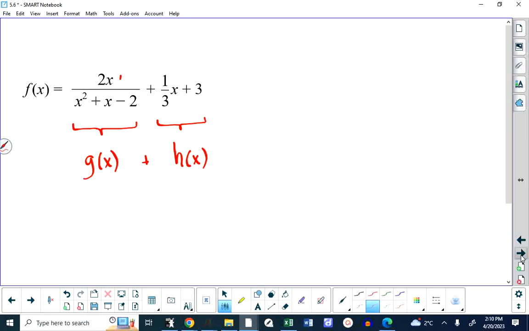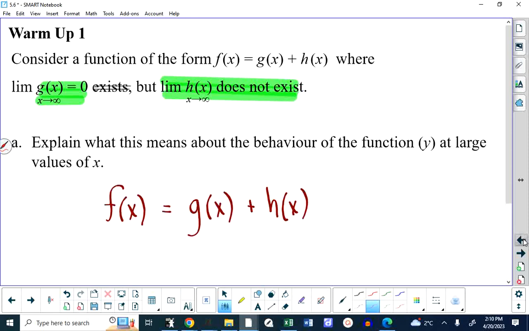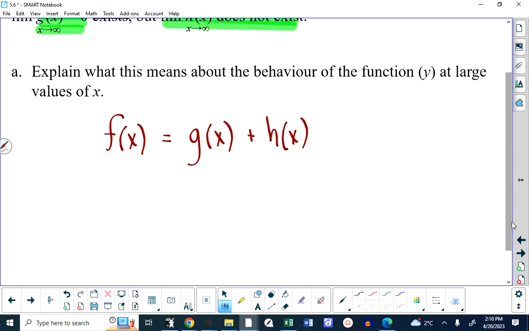Any other ideas? I almost gave it away by saying that at large values of x, g of x doesn't matter. Is f of x just h of x? F of x is not h of x, but f of x will approach h of x. Oh, okay. So let's write this down now. And I don't want to use limits here.